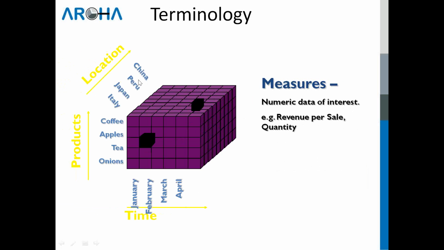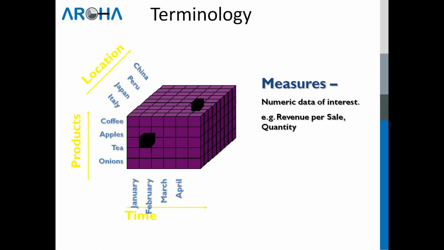Now comes your data points. Each box on this side belongs to one location. We call it a cell, and here is another cell, and this is the time: Jan, Feb, March, April, May, up to whatever you want. So what are measures? Measures are numeric data of interest.